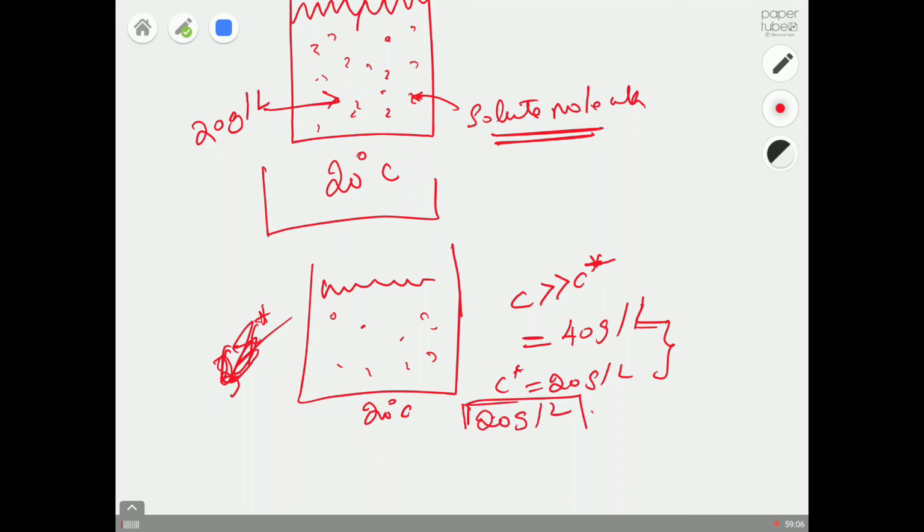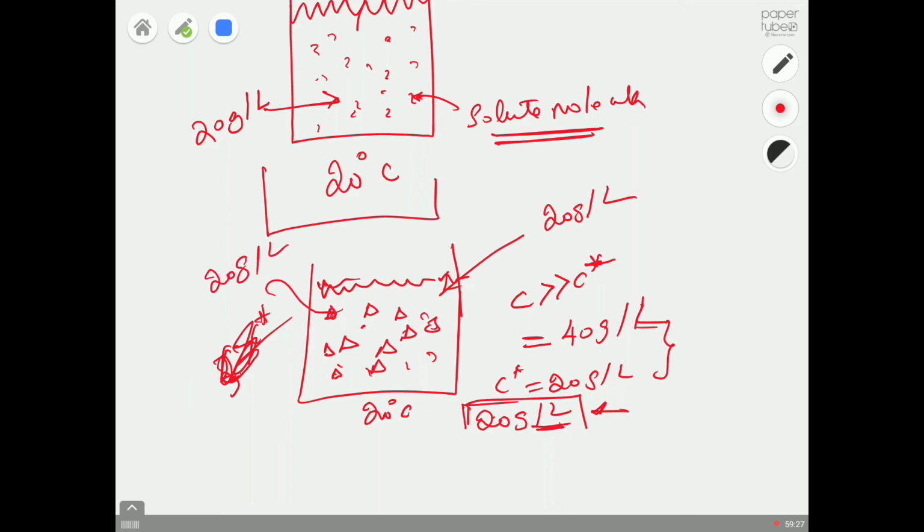So the molecules that make up this 20 grams per liter like to come together and form solids. Eventually you will have a solution with a concentration of 20 grams per liter, and your solid concentration will be 20 grams per liter.